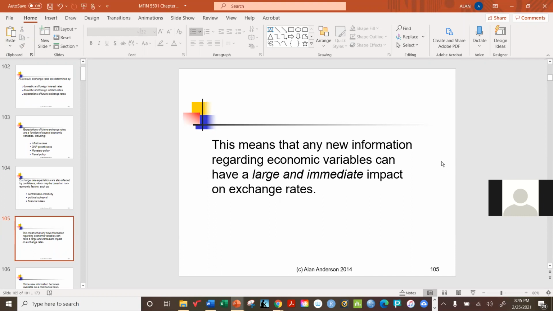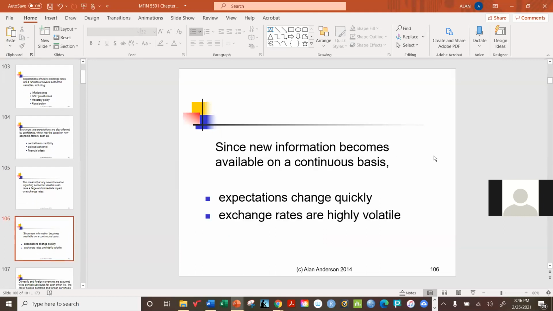For example, bond prices don't tend to bounce around so much because they're driven by interest rates, which are fairly stable. Sometimes stocks act like this, but really exchange rates are probably one of the most volatile of all the financial assets that we could buy. So expectations, because they can change so quickly, can help make exchange rates very volatile.